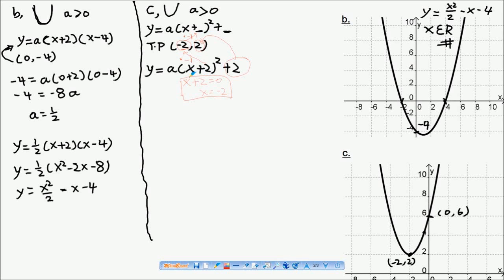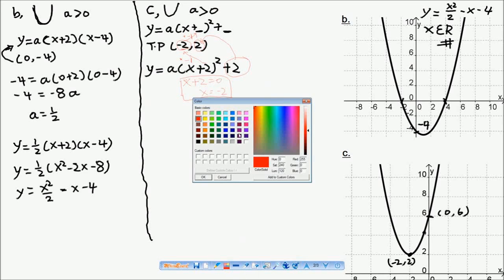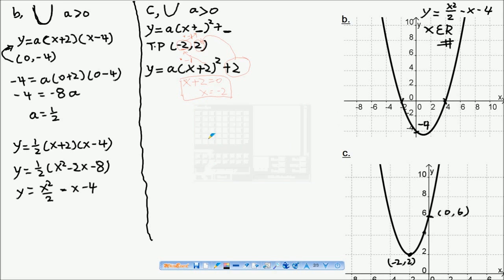Okay, so let's keep doing question B. And now we have to find the coefficient a. So we substitute this coordinate in. When x equals 0, y equals 6.